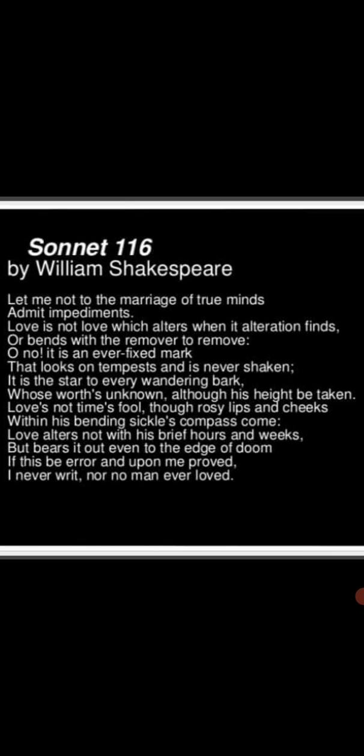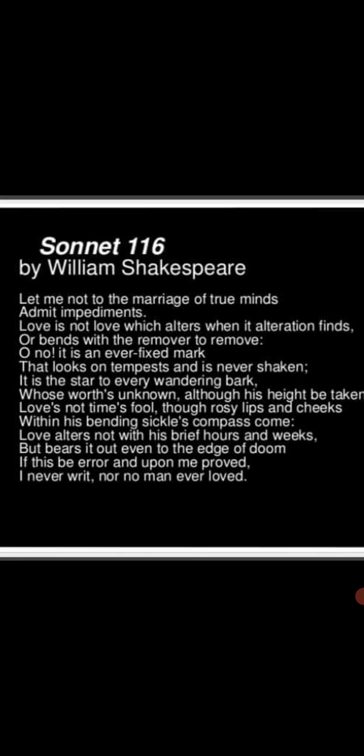And the sonnet written by Shakespeare is named the Shakespearean sonnet, or Elizabethan sonnet. It consists of 3 quatrains and one concluding couplet. This poem is a Shakespearean sonnet, and if we see the structure of the poem, you will find that it consists of 3 quatrains and one concluding couplet.